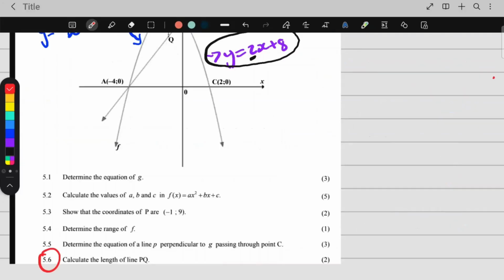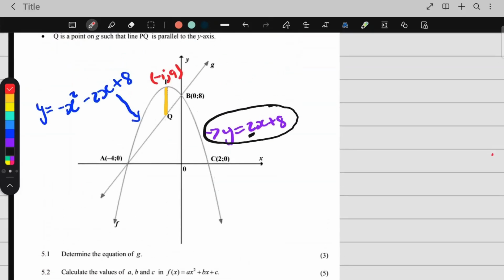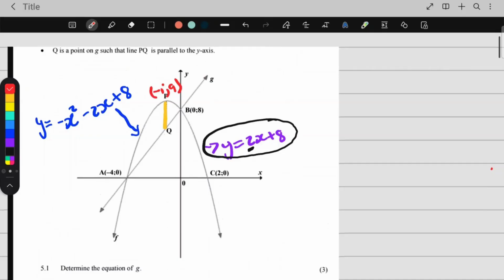Our last question is 5.6 and it says, calculate the length of the line PQ. Do you remember in the information it says PQ is parallel to the y-axis. So on this line, all the x values are the same.